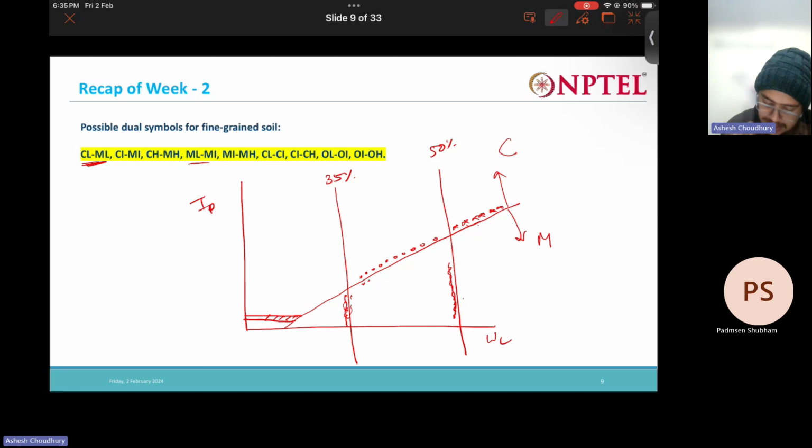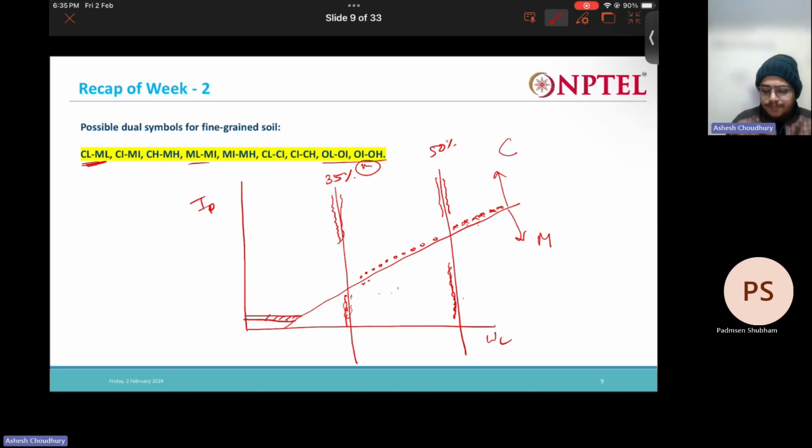CL-CI, where? Here or here. CI-CH where? Here or here. Very close to ML. OL also, this one is same as ML-MI, OI. This is same as M, okay, but organic, right?